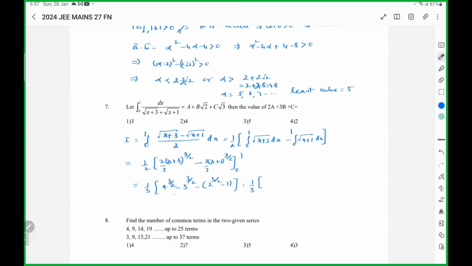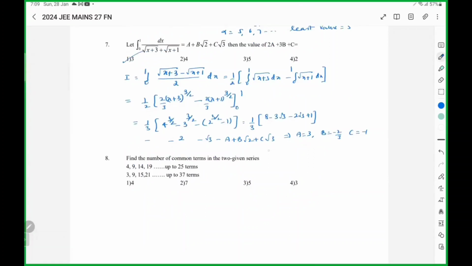So 1 by 3, it is 2 square get cancelled, 8 minus 3 root 3 minus 2 root 2 plus 1, which is 9 by 3 minus 2 by 3 root 2 minus root 3. If you compare this with a plus b root 2 plus c root 3, a here is 3.